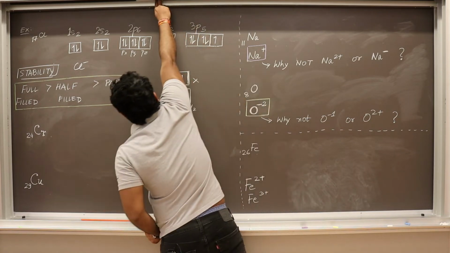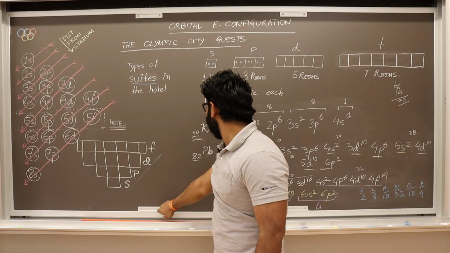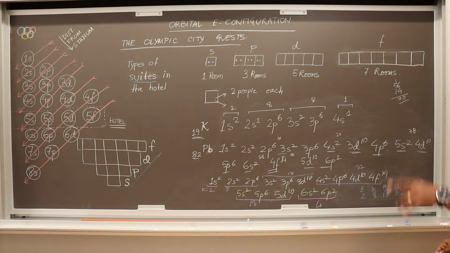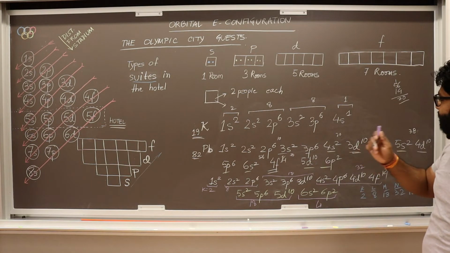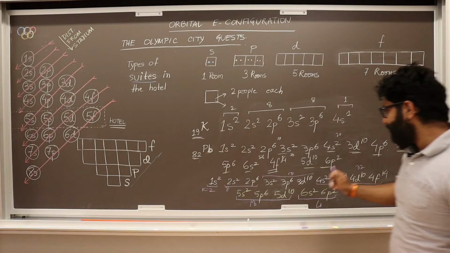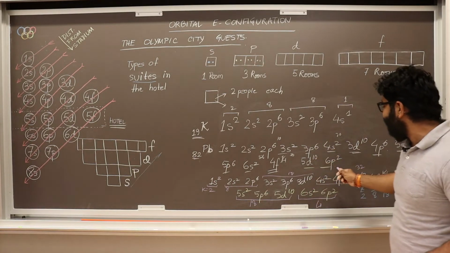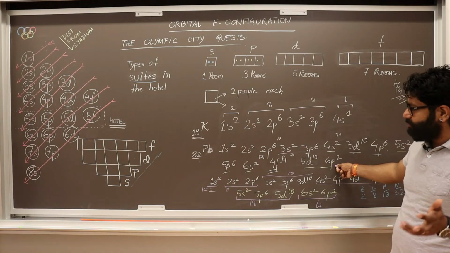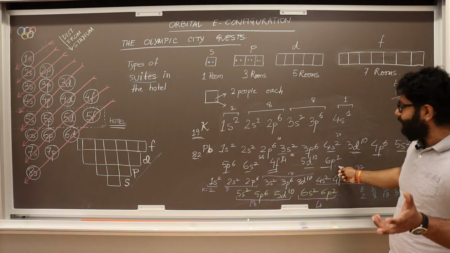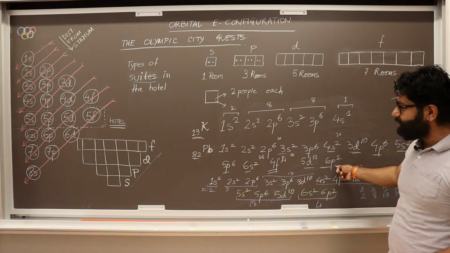For example, the last shell that was being filled in here was a 6p2. This is not a great example because the last shell and the outermost shell filling is 6p. So any electron that is going to come in or get out is from the 6p2.